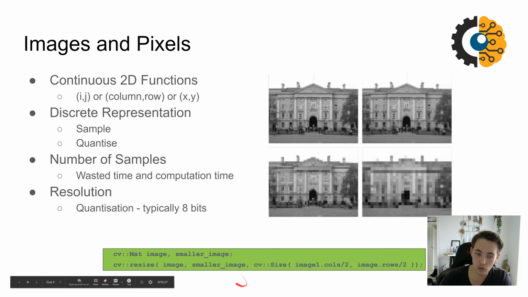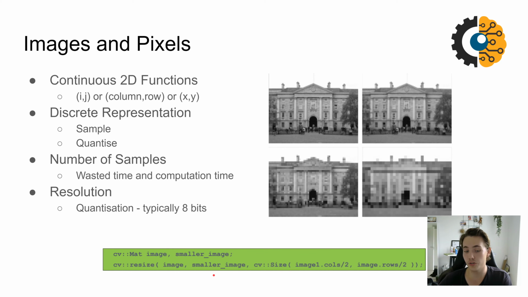And just a small code example down here from the OpenCV library, where we can take an image. We create an image object here, and also a small image, and then we can use the built-in OpenCV function called resize. We give the function the image we want to resize, and then the image where we want to store the resized image.